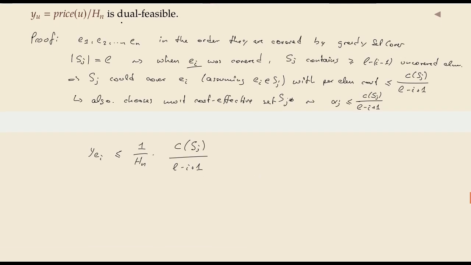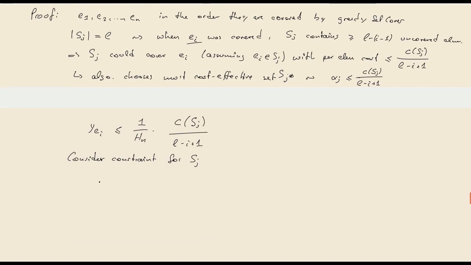What we would like to show is that this selection of variables y that the algorithm implicitly computes is feasible for the dual. So consider the constraint for the set Sj that we now have in our mind.